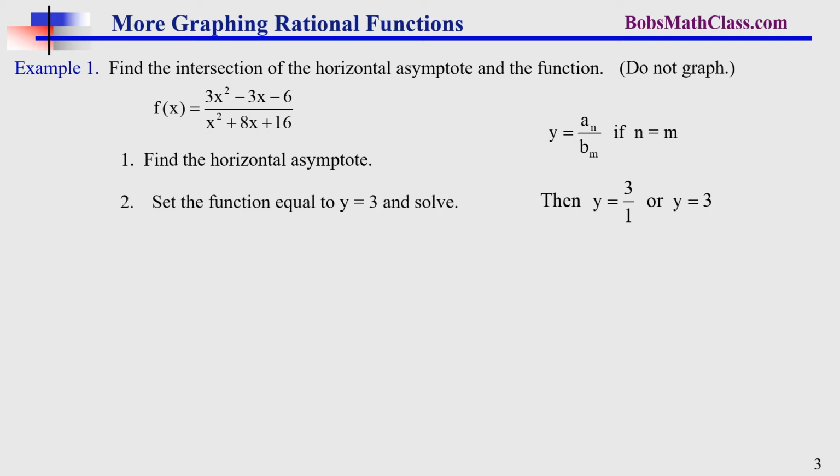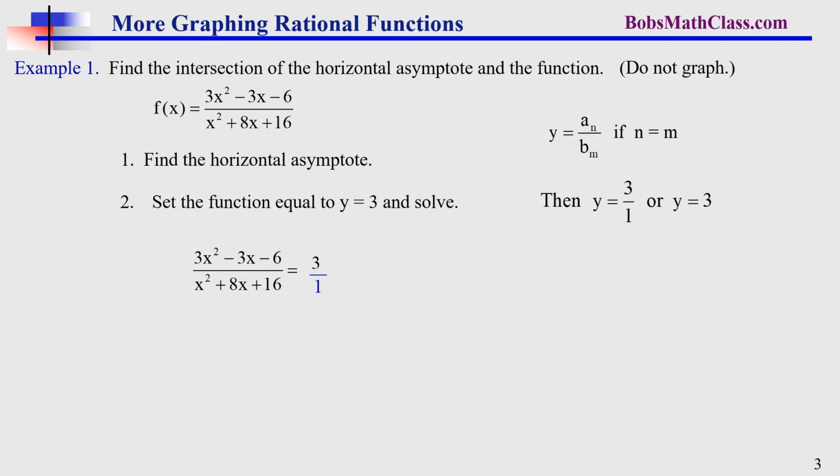Now we're going to set the function equal to 3 and then solve. So you write the function (3x squared minus 3x minus 6) all over (x squared plus 8x plus 16) and write that equal to 3. Now to solve that, it might be a good idea to put a 1 underneath the 3 and then cross multiply.